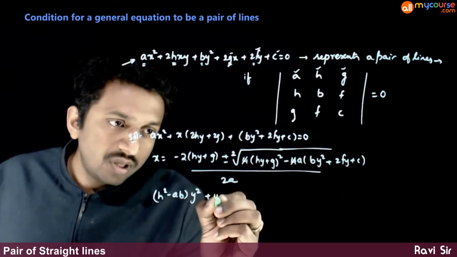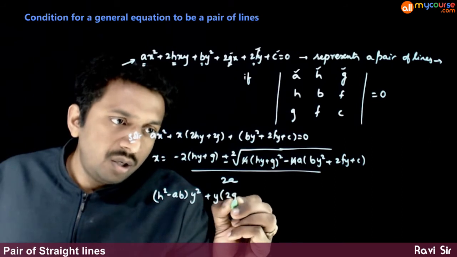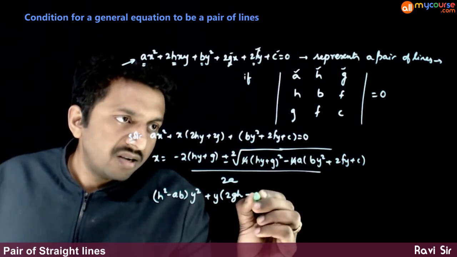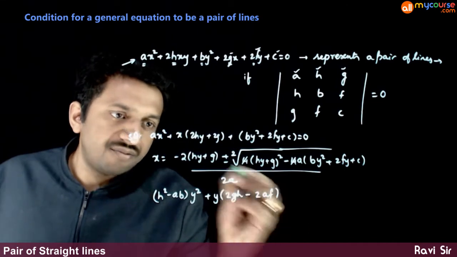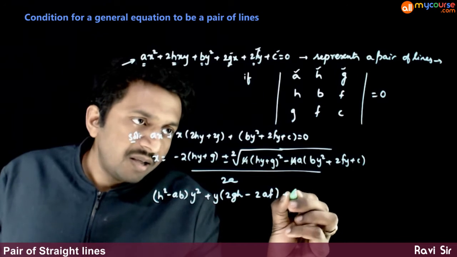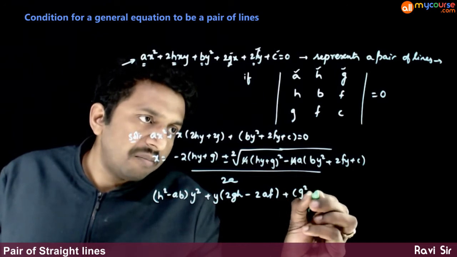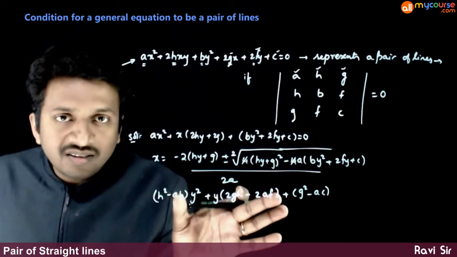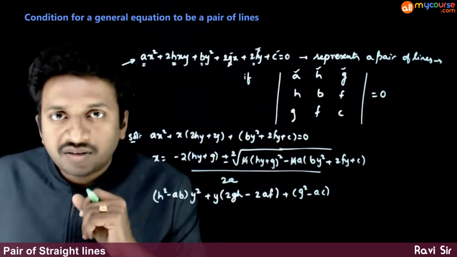That is, with y you have 2gh minus 2af, that is the coefficient of y. What is the constant term? Plus g square minus ac. So this is the expression inside the square root.